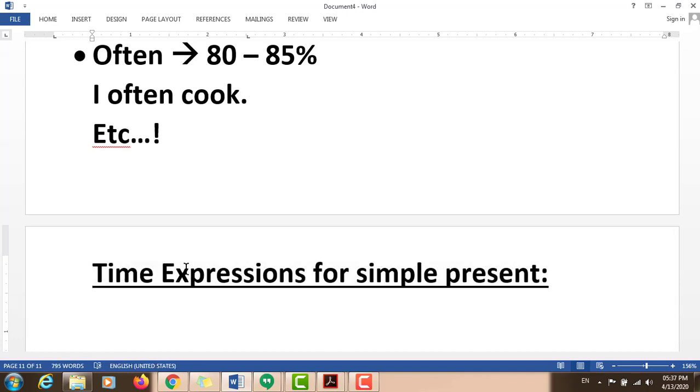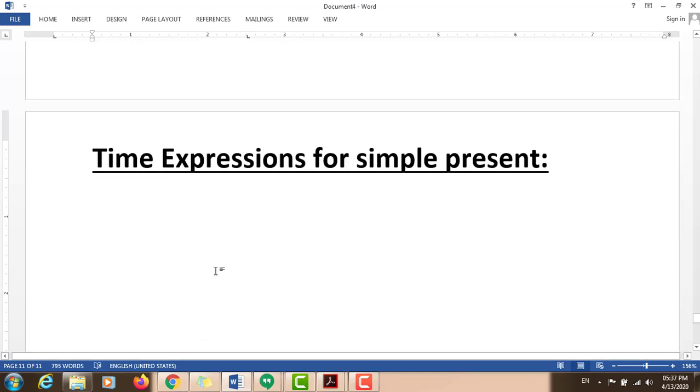Okay, so we usually use a time expression at the end of a sentence. The time expressions that we can use are like this.